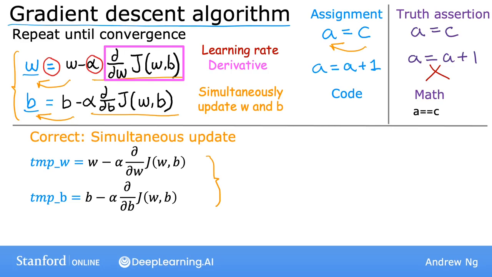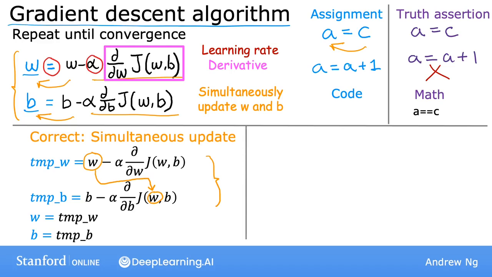Then you copy the value of temp w into w, and you also copy the value of temp b into b. Now, one thing you may notice is that this value of w is from before w gets updated. Here, notice that the pre-update w is what goes into the derivative term over here, okay?